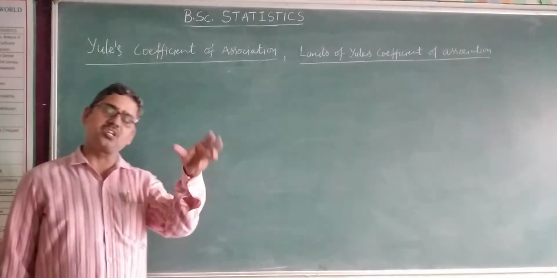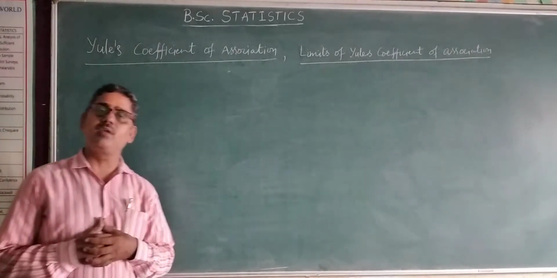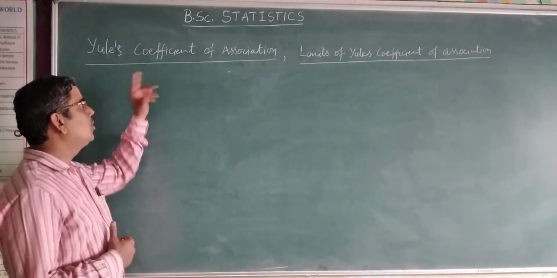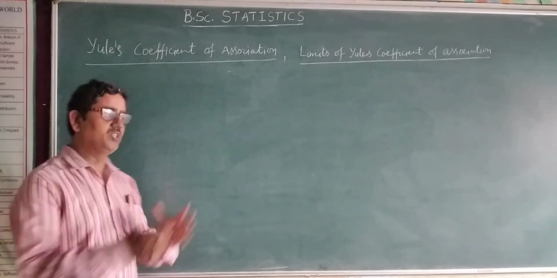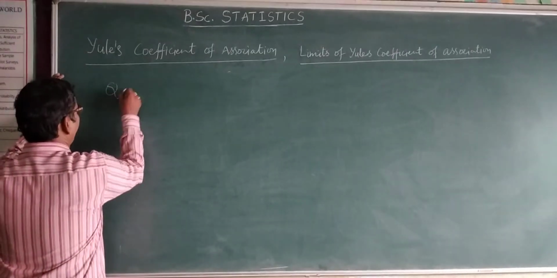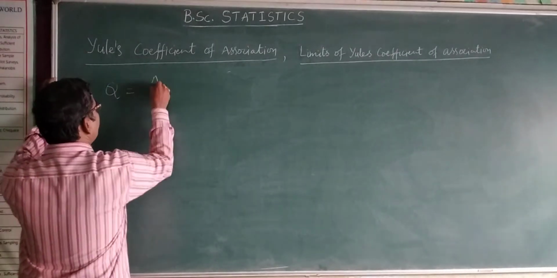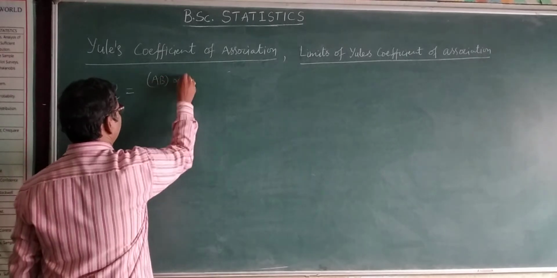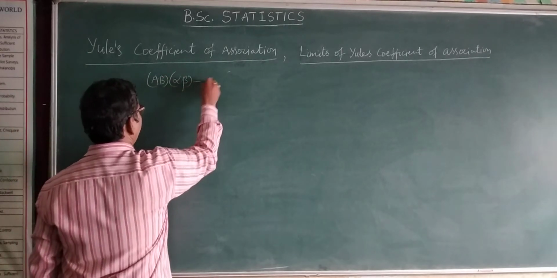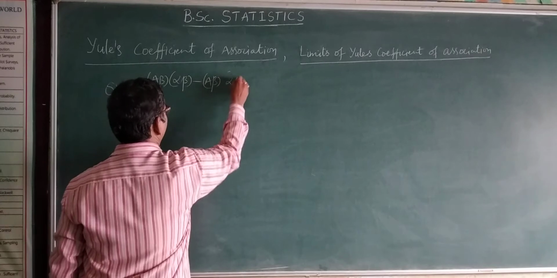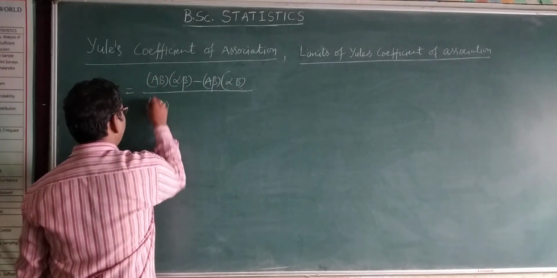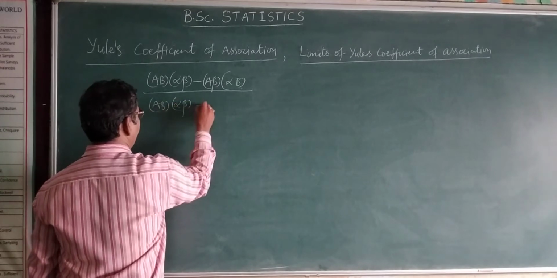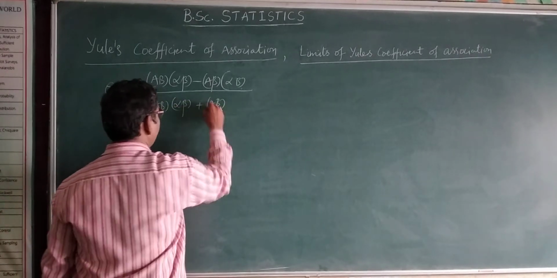To know the association between the two attributes A and B, Yule discovered a coefficient, which is Q equals (AB αβ minus Aβ αB) divided by (AB αβ plus Aβ αB).